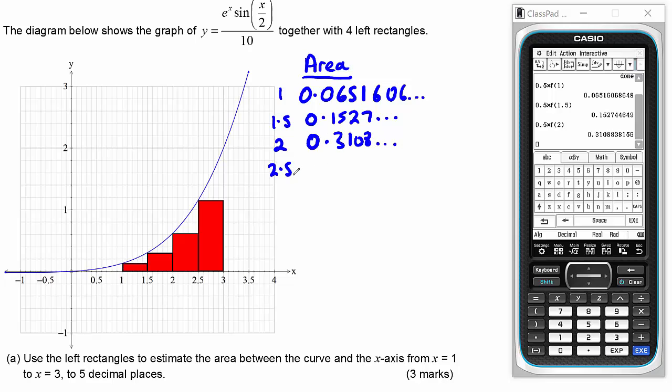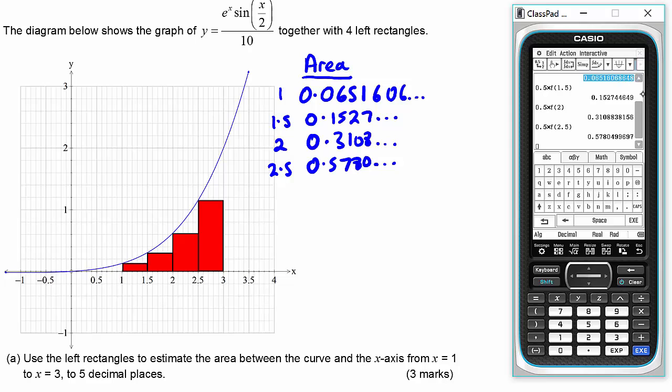And finally at 2.5. So paste again, and change this in here to 2.5. That gives 0.5780, and then we just want to add those up.